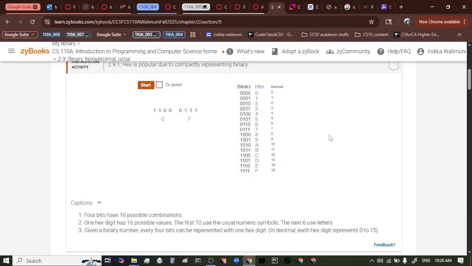All right. So how do we convert, let's say, a decimal number to binary? Okay? How do you do that? Has anyone encountered this in high school? Some of you may have, some of you may not.